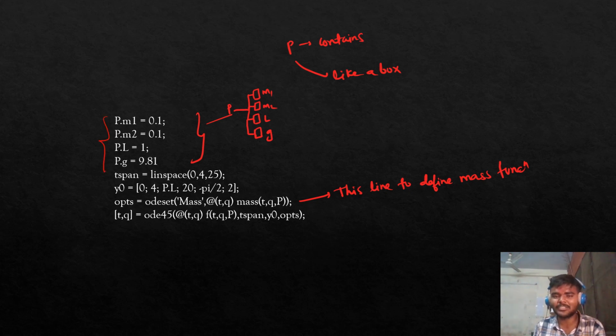This is also a new concept. This was a very real-life and tough example. I have to tell you about this also, but we are taking a lecture on ODE45, so in another lecture we'll see what is written like p dot m1 and all this.